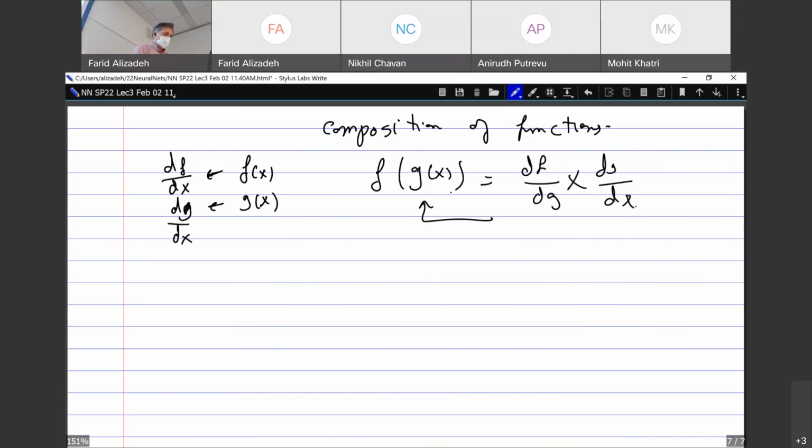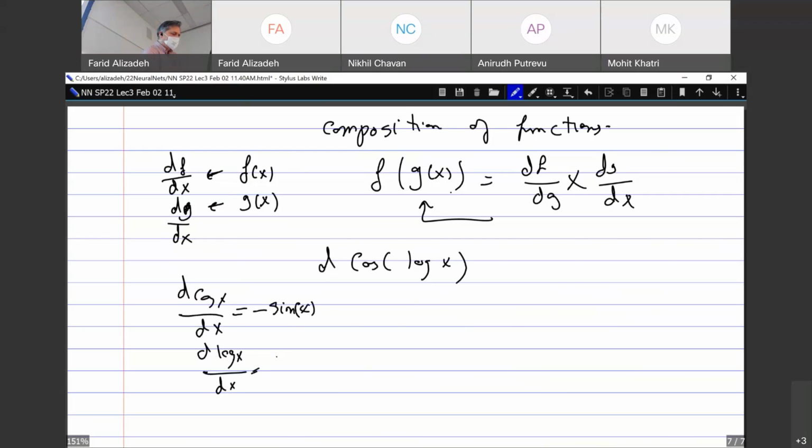To give you an example, suppose I want to compute the derivative of cosine of log of x. I know that the derivative of cosine is minus sine, and I know that the derivative of log is 1 over x. To apply the chain rule, I pretend that log of x is a variable.